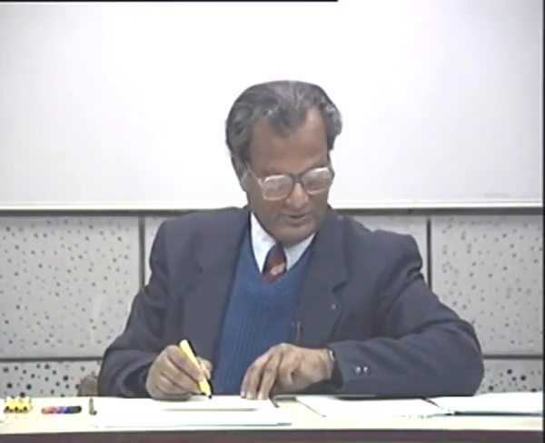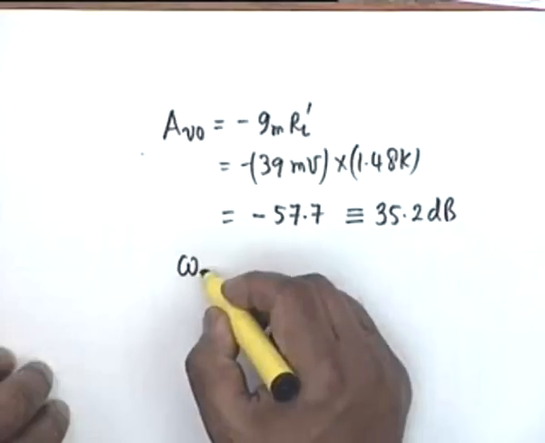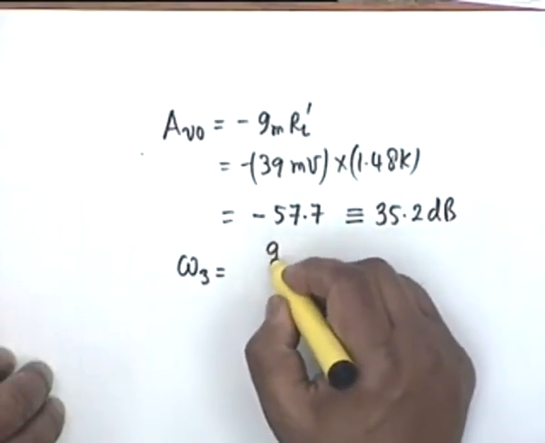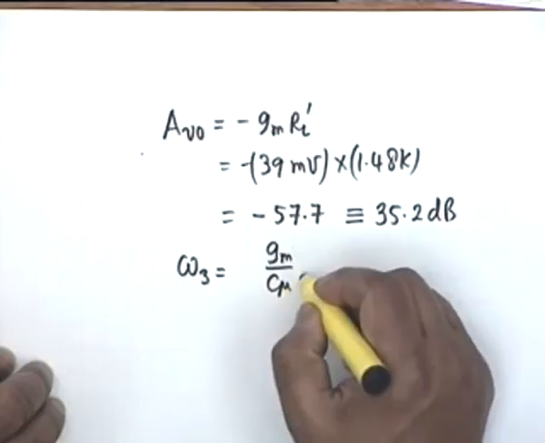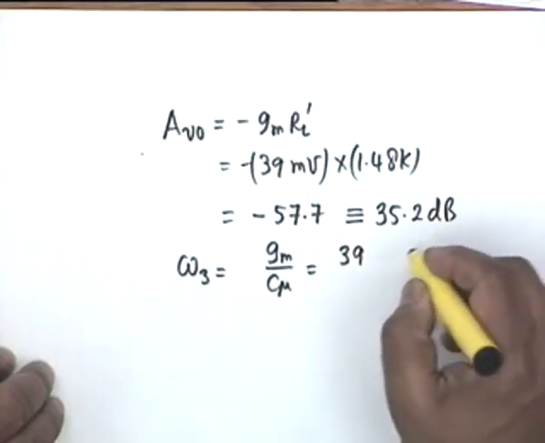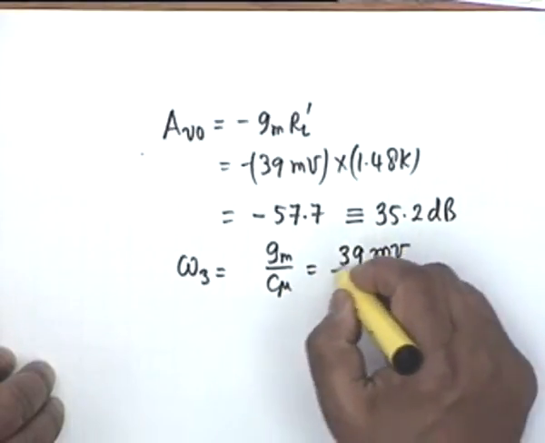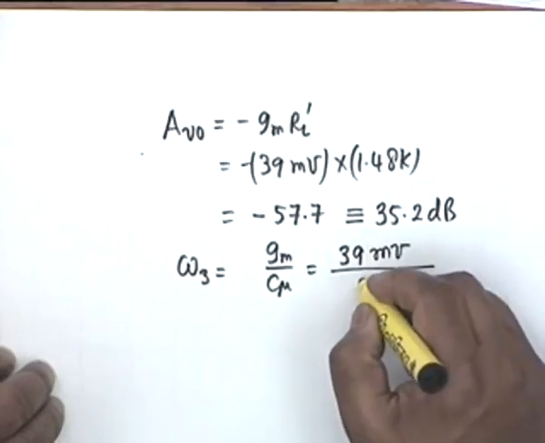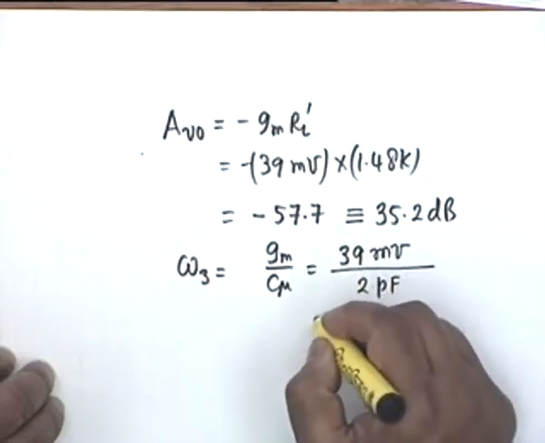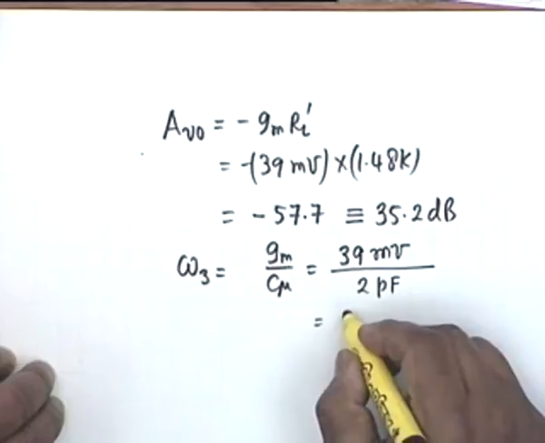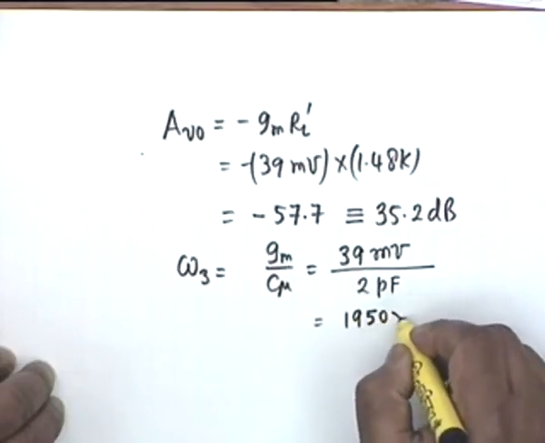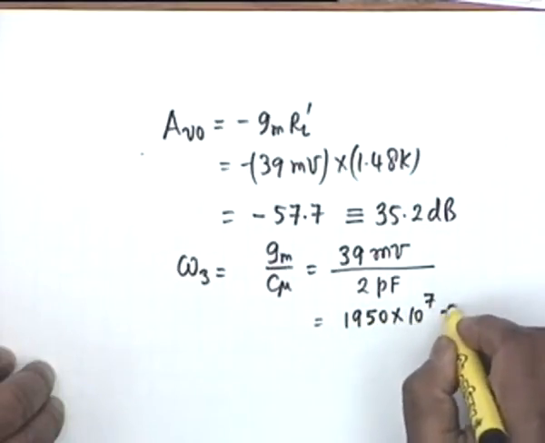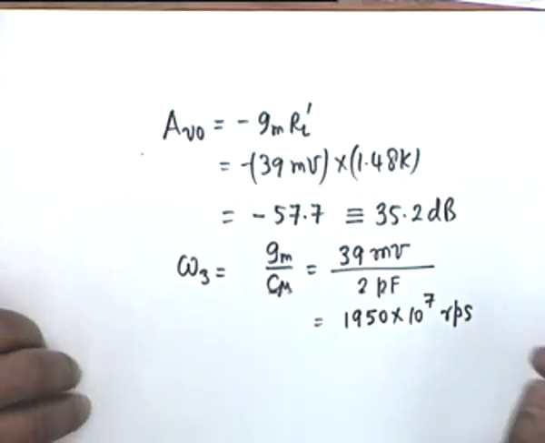Okay, so after this we find out omega 3, which is equal to Gm divided by C mu, that is 39 millimho divided by C mu, 2 pF, and this you can see is 1950 multiplied by 10 to the 7 radians per second.